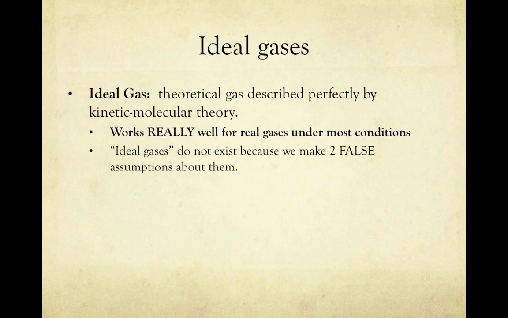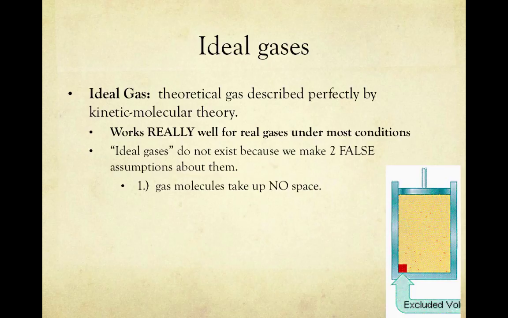The ideal gas itself does not exist because we make two false assumptions when we mathematically model ideal gas behavior. First, we assume that gas molecules take up no space. If you look at the picture here in the bottom right-hand corner, the tiny little red dots spread throughout the orange area are the molecules themselves. The orange area represents the space between the molecules.